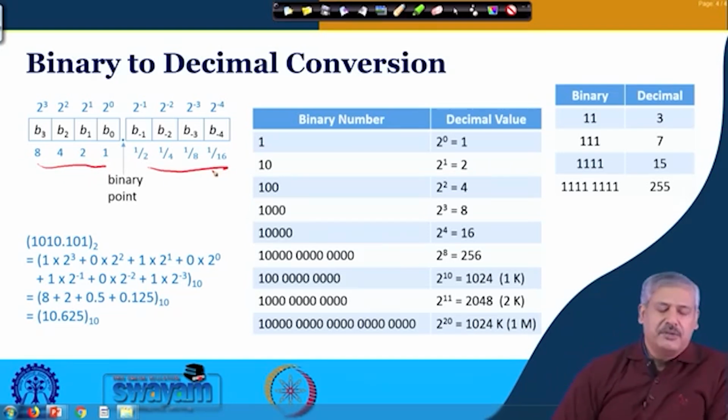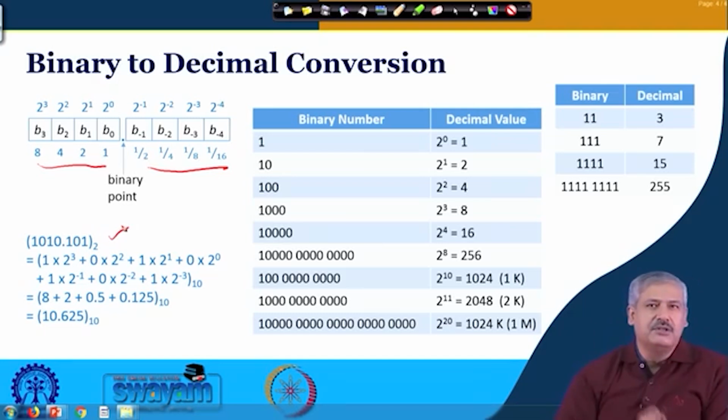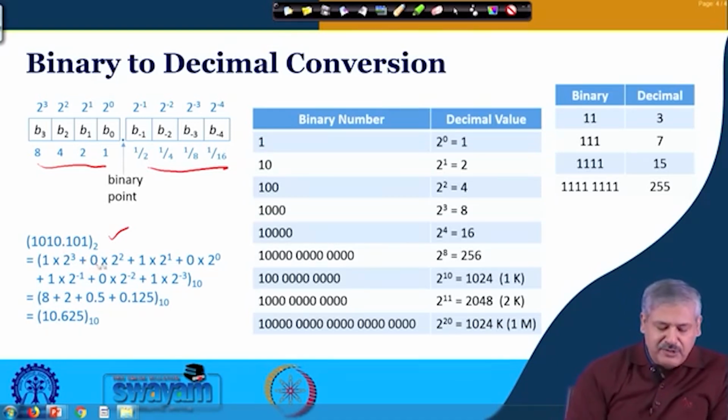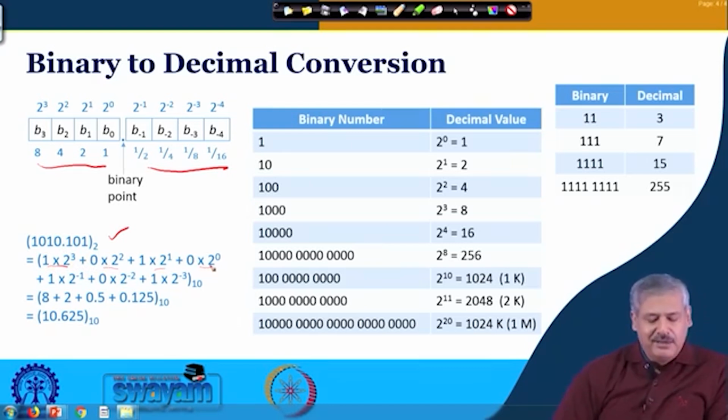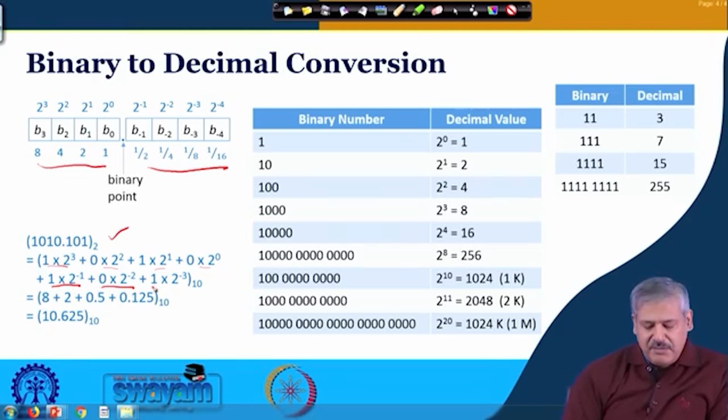So, if we look at this example, 1010.101, what will be its value? For 1010, we have already found the integer part before, which is 10, and the fractional part is 1 into 2 to the power minus 1 plus 0 into 2 to the power minus 2 plus 1 into 2 to the power minus 3.